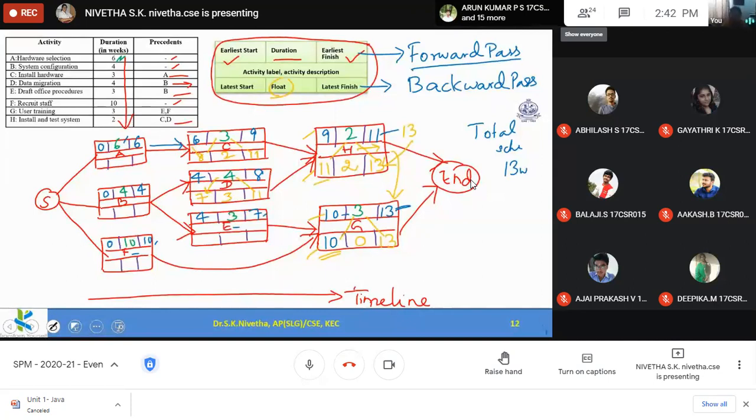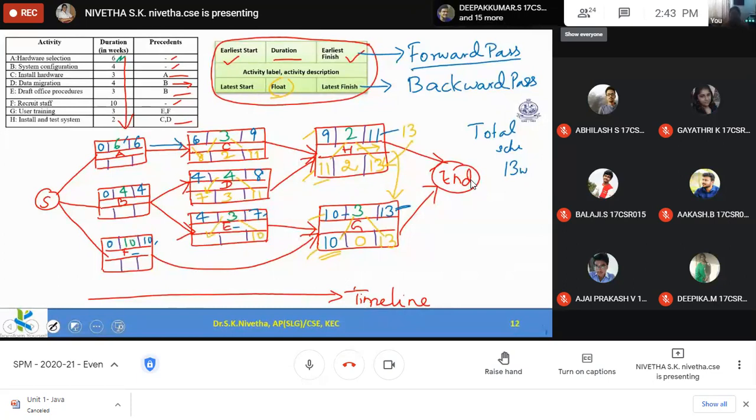Now for activity E. Activity E is a predecessor of G. So G latest start is 10. So I can mark 10 here. By latest I can complete it during the 10th week. So 10 minus 3, when should I start?